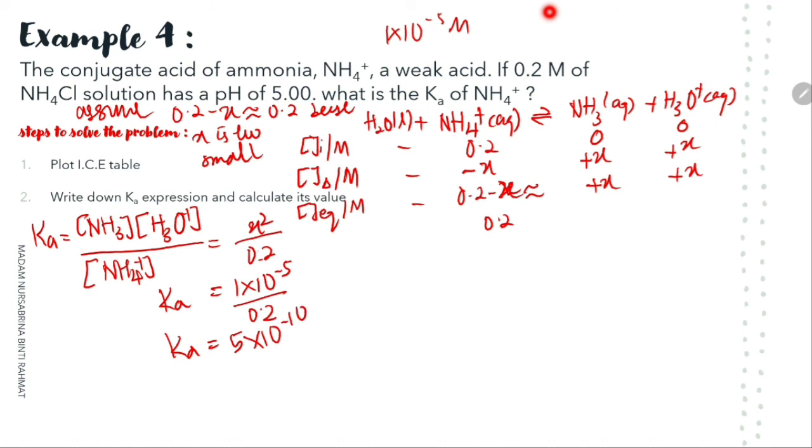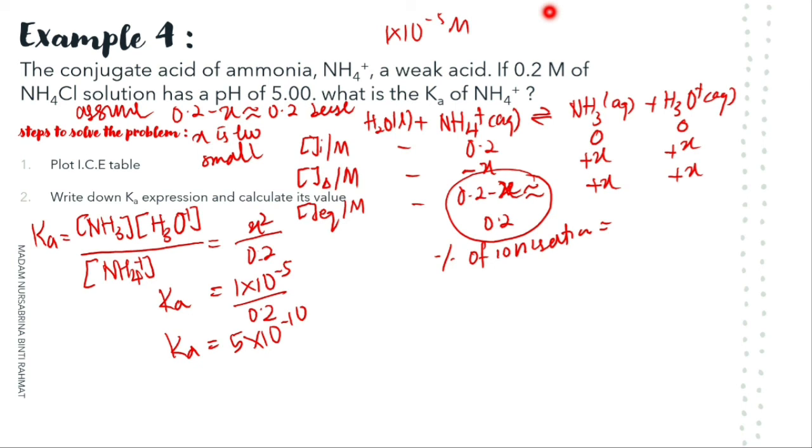We already made the assumption that X is too small, so the ammonium concentration at equilibrium is equivalent to 0.2. We need to justify whether our assumption is valid by calculating the percentage of ionization. If it's justified, the percentage of ionization should be less than 5%.